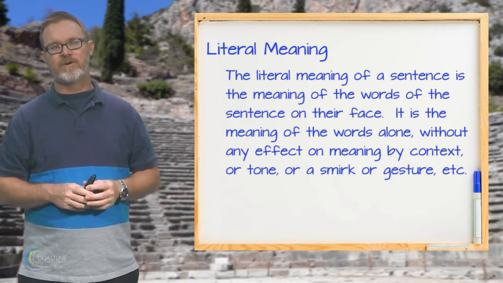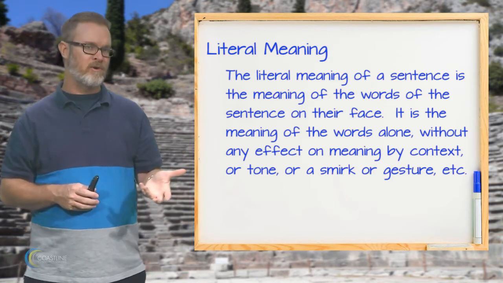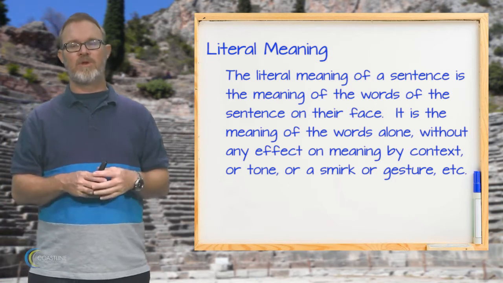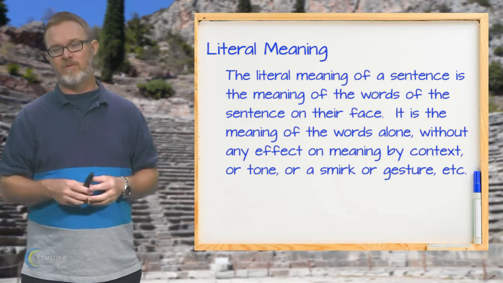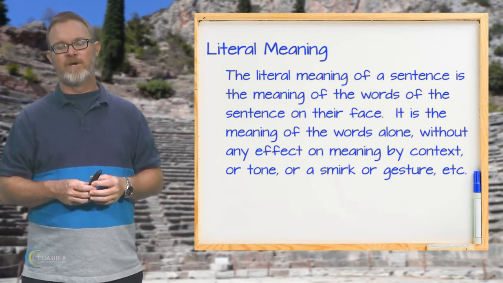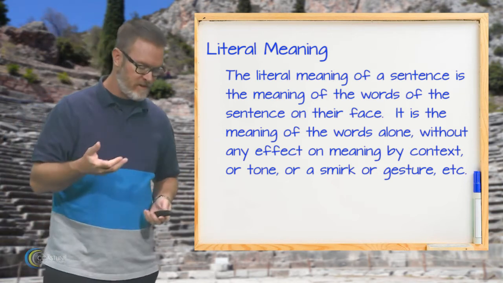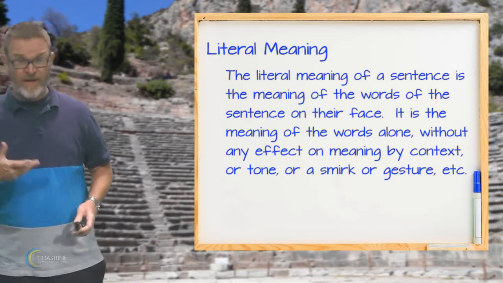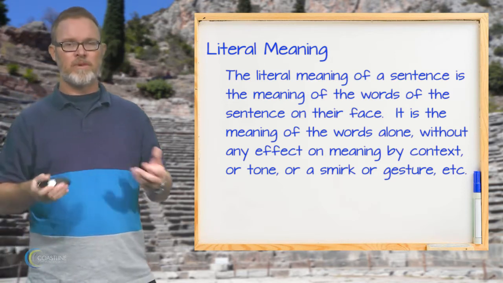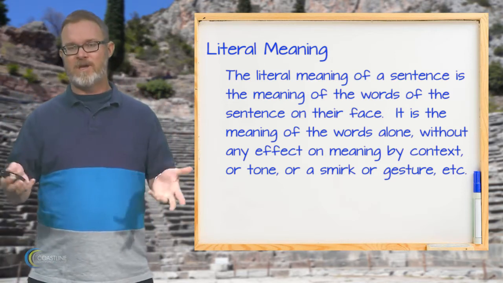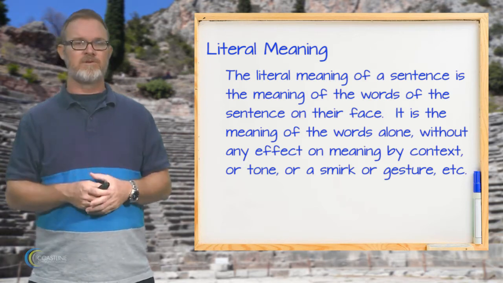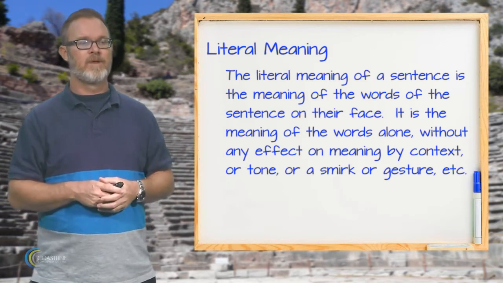For example, if I had a sarcastic tone in my voice, the literal meaning wouldn't be affected by that kind of tone. So literal meaning is just the meaning of the words alone. So for example, if I said, right now we're doing philosophy, the literal meaning of that is just that it's the case that right now we're doing philosophy. There's nothing more to it than that, okay?